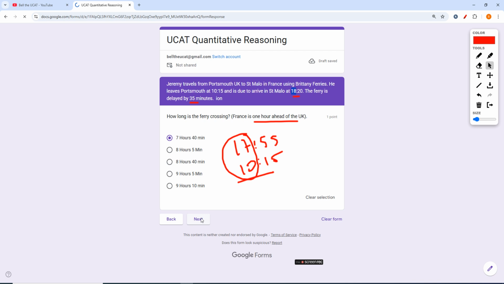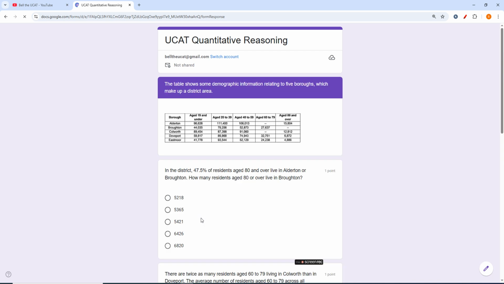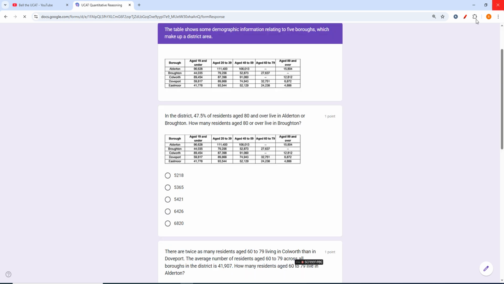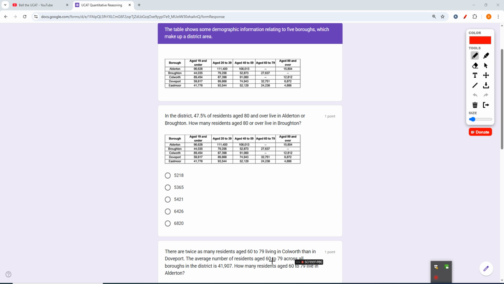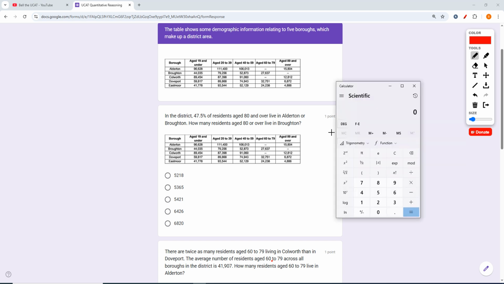Moving on, next question. Right, the table shows in the district 47.5% of the residents aged something live in older term brother.